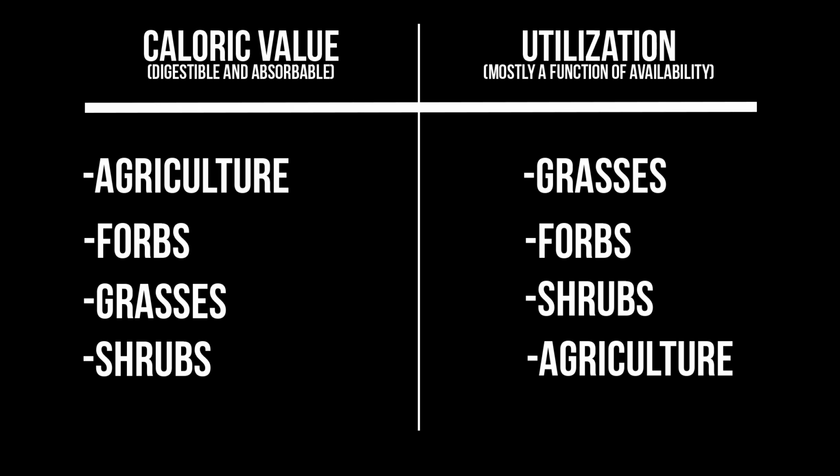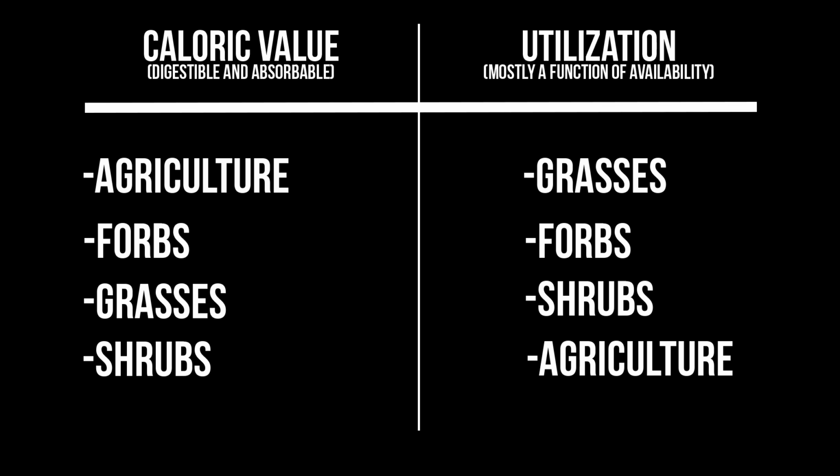So the 4 basic food types, if you list them based on how much is digestible and absorbable in terms of true calories they get out of it, the number 1 would be agriculture, followed by forbs, followed by grasses, and the least nutritional, in other words the lowest return for the amount they take in, is shrubs.